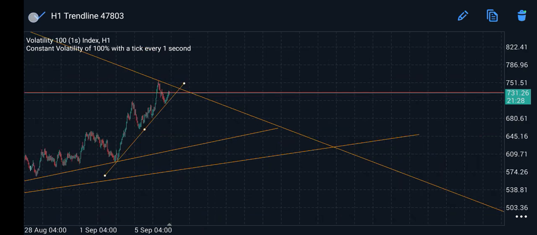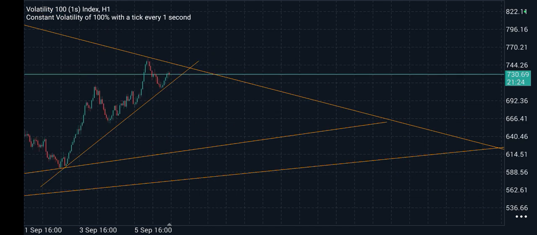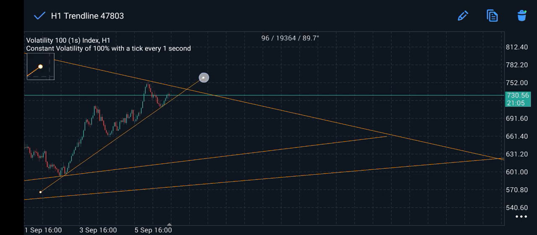The reason is that I personally make use of the higher time frame, the monthly, the weekly, the daily, the H4, H1. Then the only lower time frame I make use of is the 15 minutes. But recently I've been combining it with 5 minutes due to a particular strategy I've been working on, and it's been working well as well.